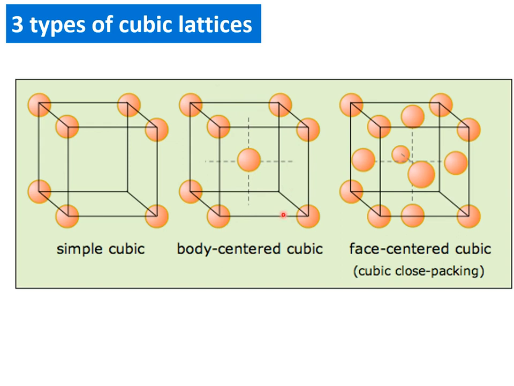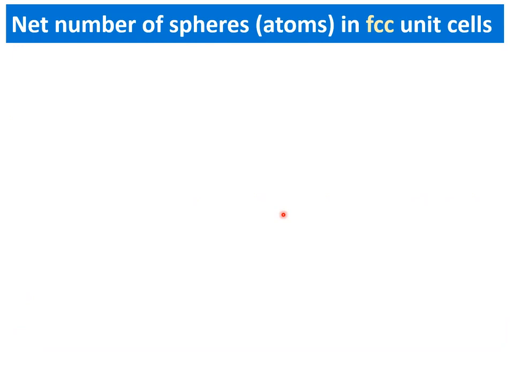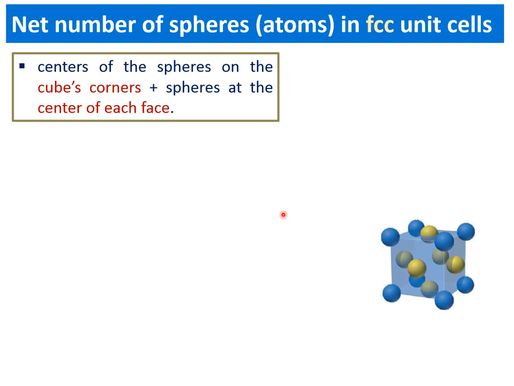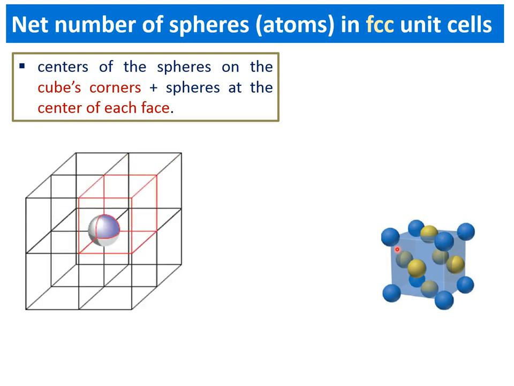Okay. So the net number of spheres in the face-centered cubic. Look at this atom here, one of the atoms at the corner of a cube. Actually, this atom does not participate in a single cube, but in 8 cubes. How is that? Because the unit cell is the least repeating structure with the symmetry of the crystal, which when expanded gives the whole crystal.